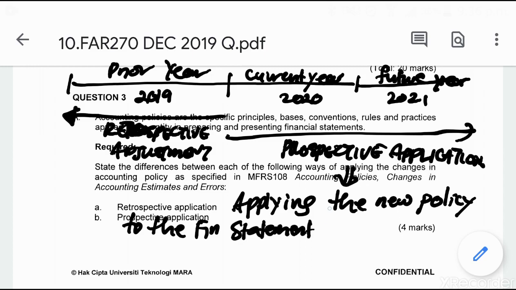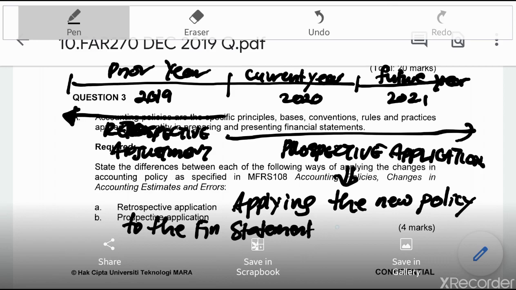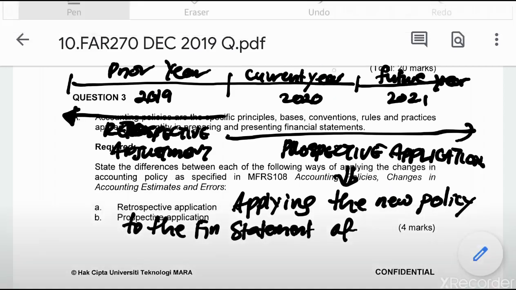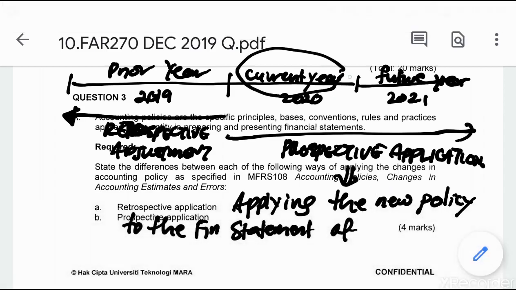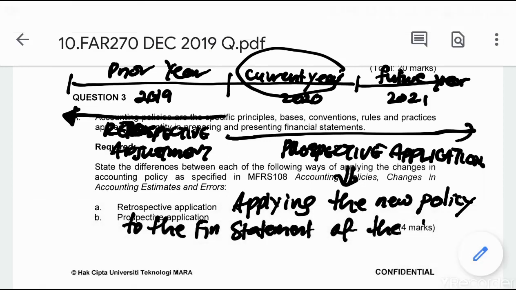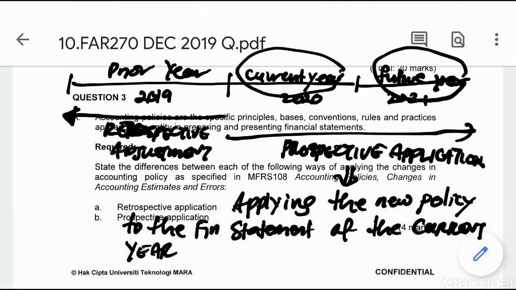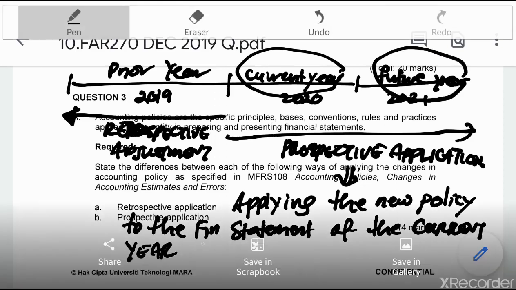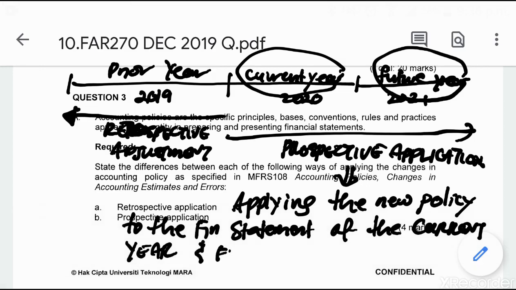You are doing that not only for the current period, the current year, but you will still continue to do so in the future year. So you're going to do it also in the future year or future period, it is the same thing.